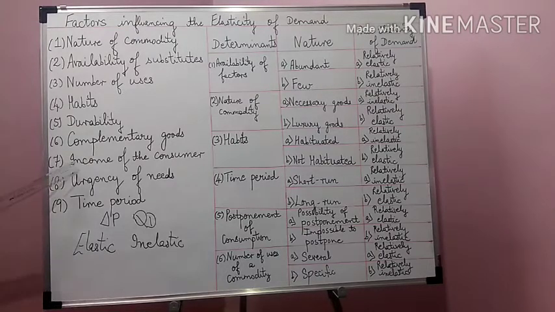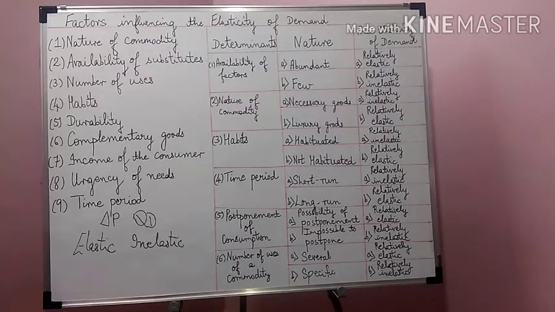Seventh, income of the consumer. Demand for goods is usually inelastic if the consumer has high income. The demand pattern of a very rich and an extremely poor person is rarely affected by significant changes in the price.